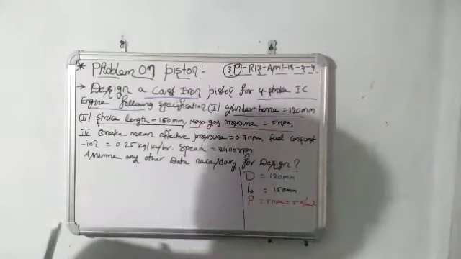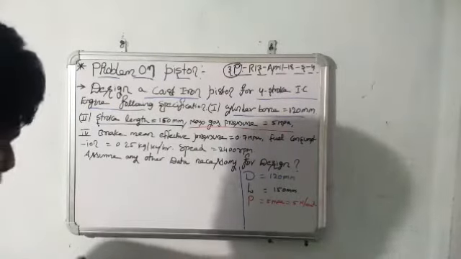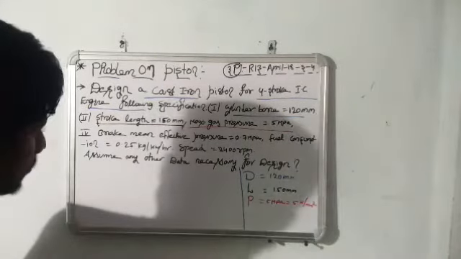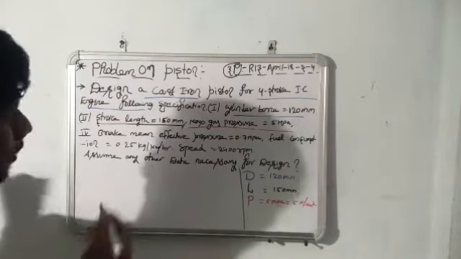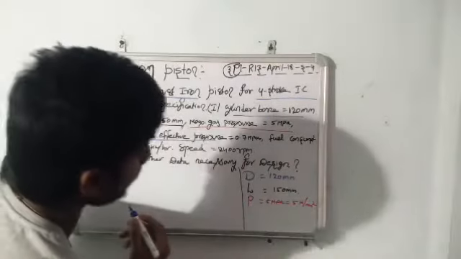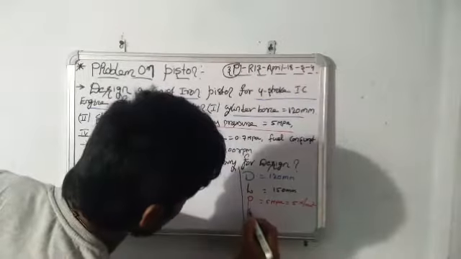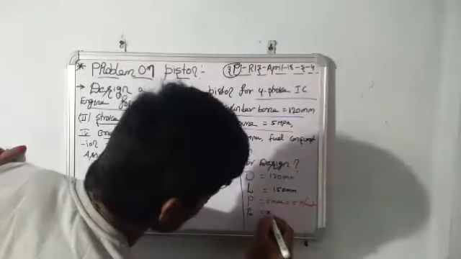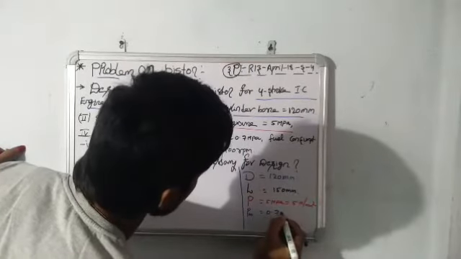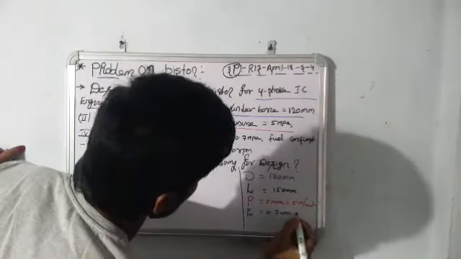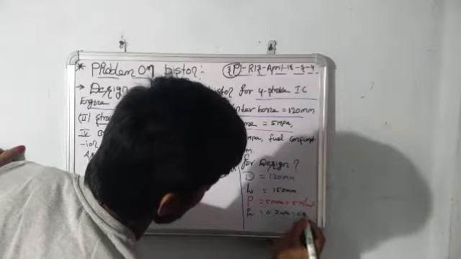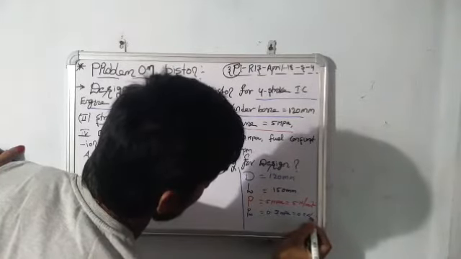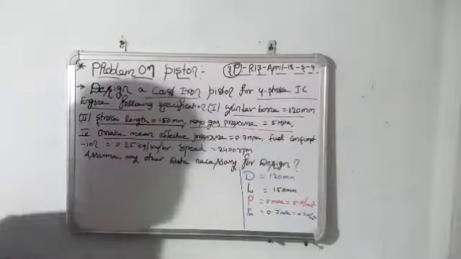One more thing is the brake mean effective pressure, indicated by P suffix m, equal to 0.7 MPa, that is 0.7 Newton per mm square.